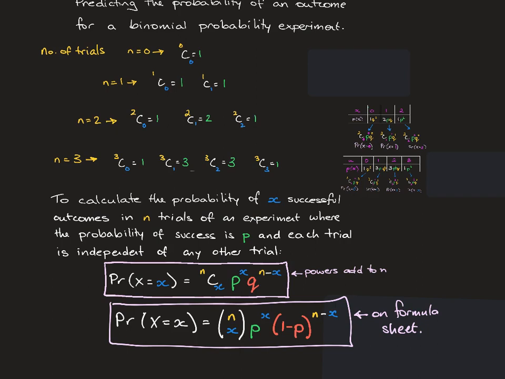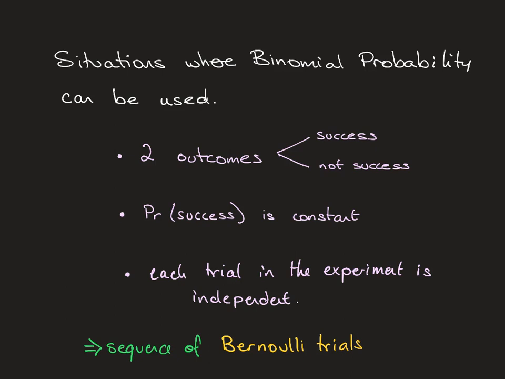But before we do that, we need to learn how to decide whether we can actually use this binomial probability at all. And so we'll look at our conditions that are required. For the situations where we've used binomial probability, what we've had is two outcomes. So we've had the tree diagram where each time we split it, we had two outcomes.